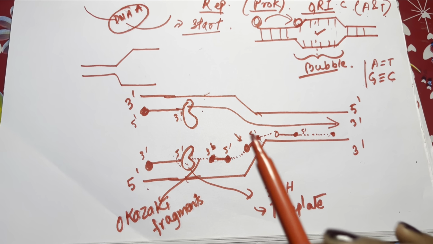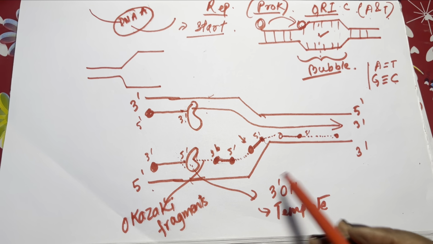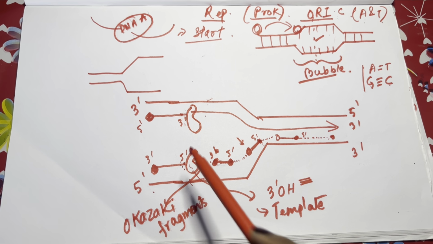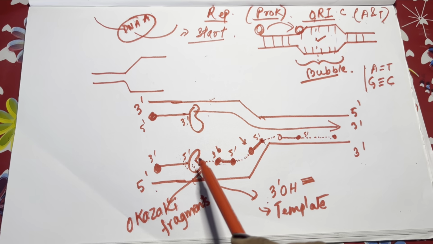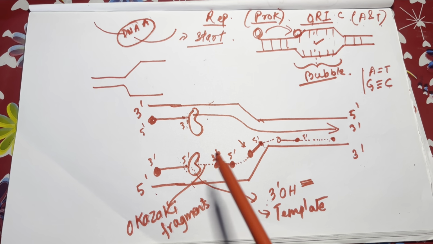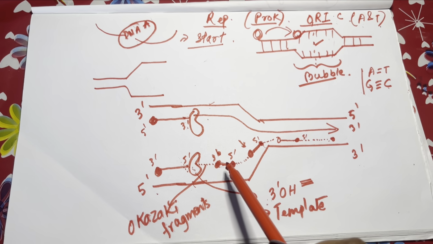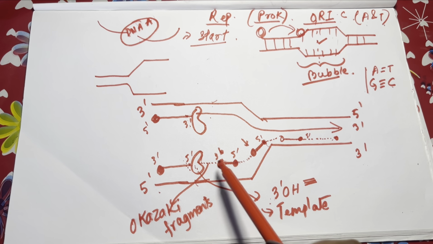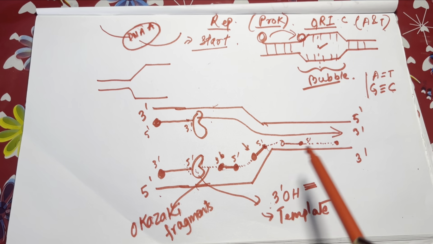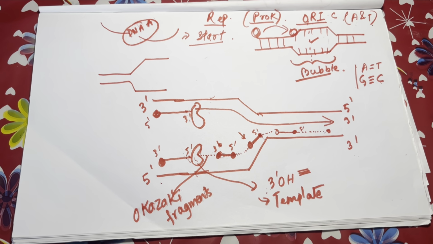The main reason for this discontinuity is the absence of a 3' end. If the polymerase enzyme does not get a 3' end, and instead of a 3' end it is getting a 5' end, that's why it will stop and it cannot continue. Again it will require primase to make short segments so that it will get 3' ends and it can continue the strand.